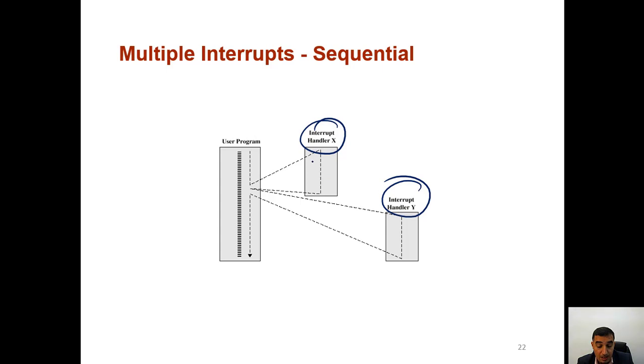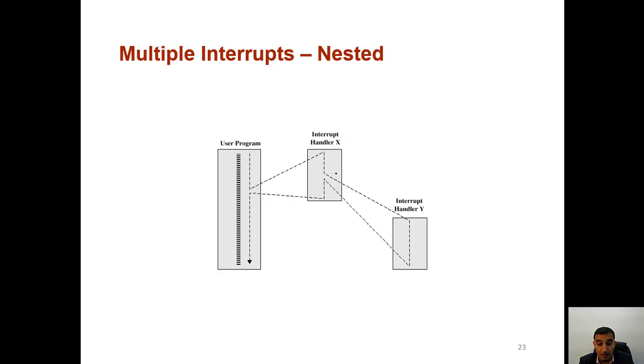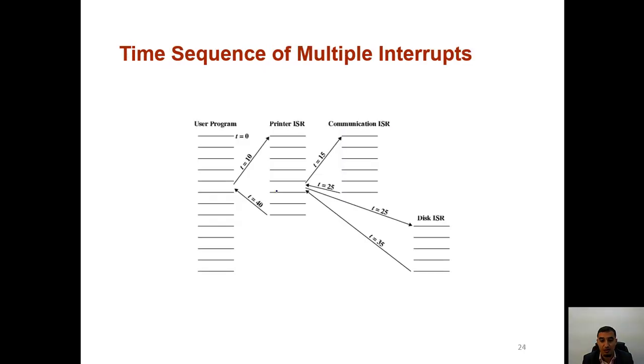Even though maybe Y has higher priority than X, Y cannot interrupt X. The other method is that Y can interrupt X while X is interrupting the program, because Y has higher priority than X. So it's quite straightforward: we interrupt X and handle Y, then we go back to X, then we go to the main program. These are just formalities and how things are going.